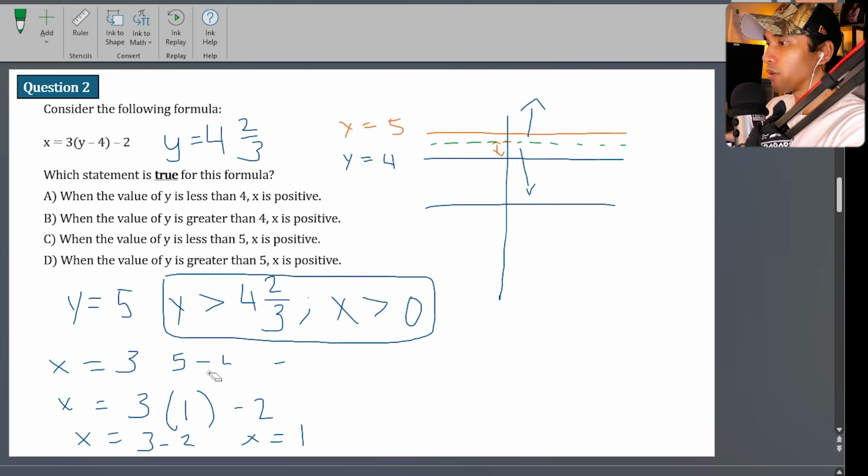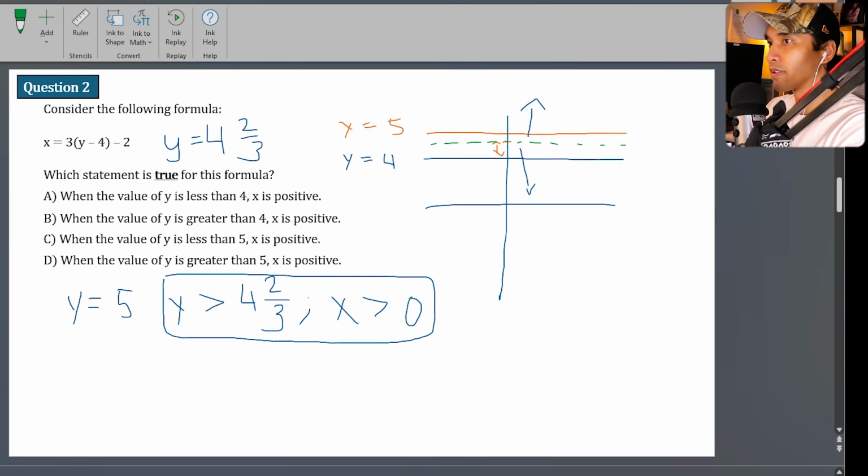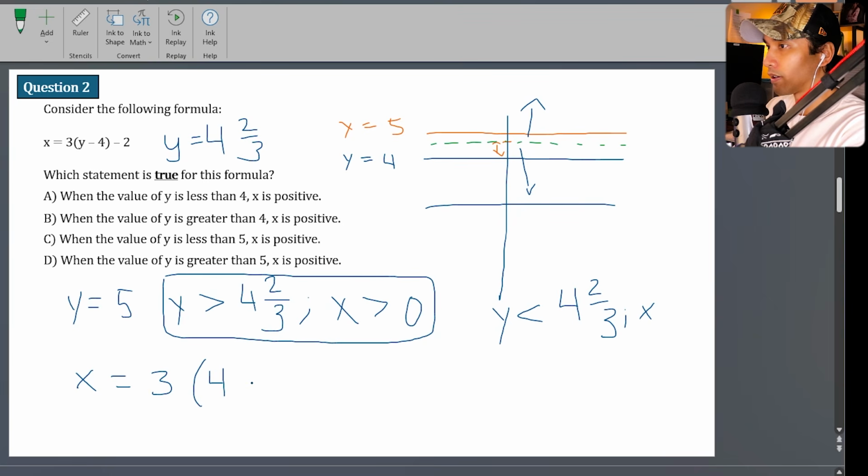Okay? Now, let's do a value less than 4 2/3. This is our new rule that we want to figure out. Y less than 4 2/3. X is what? So let me just choose 4. Let me plug this in. X equals 3 times (4 minus 4) minus 2. X equals 3 times 0 minus 2.